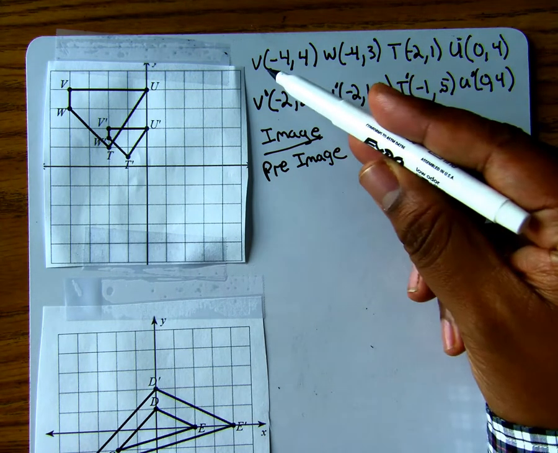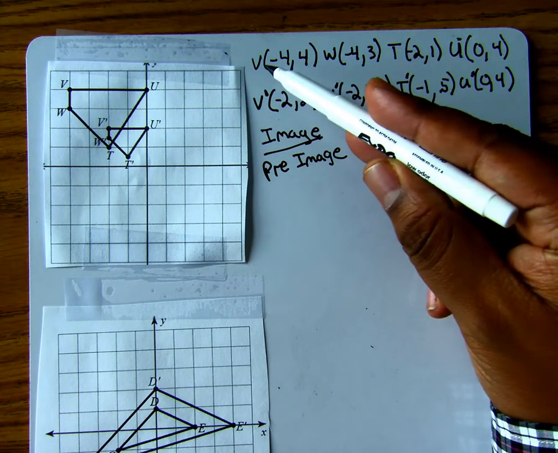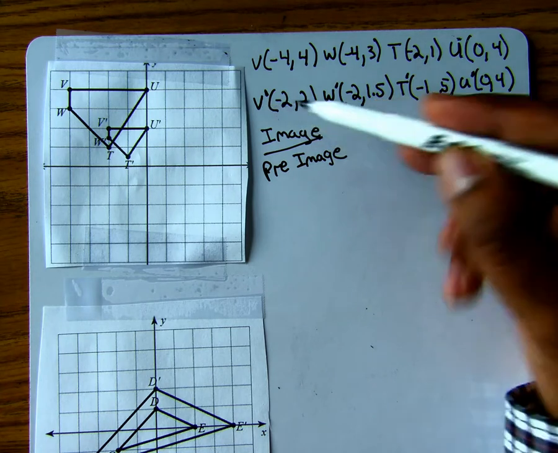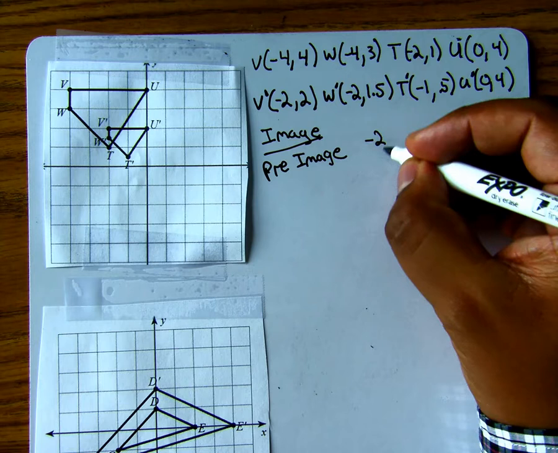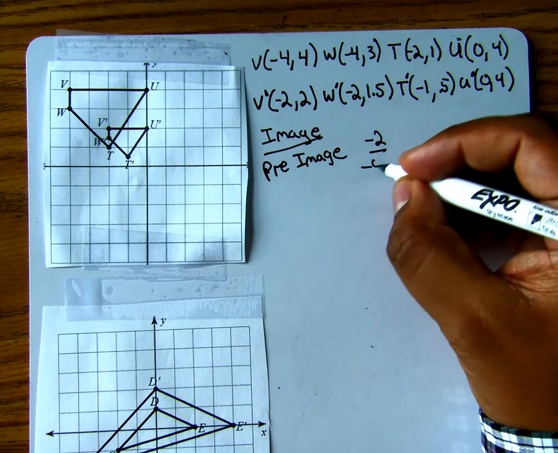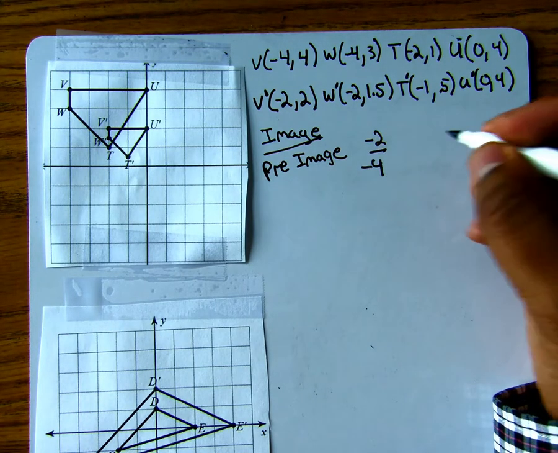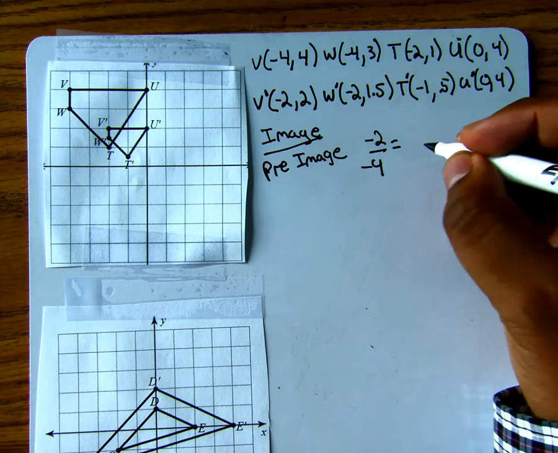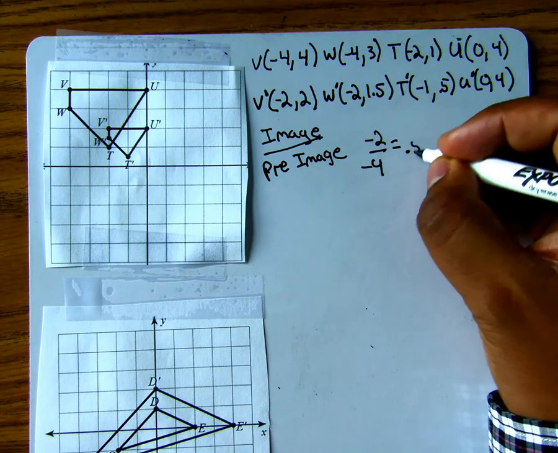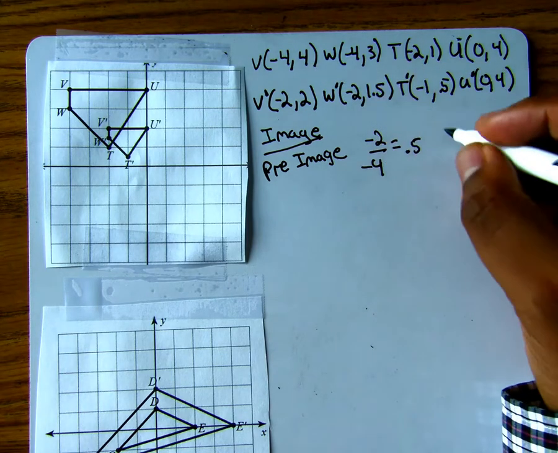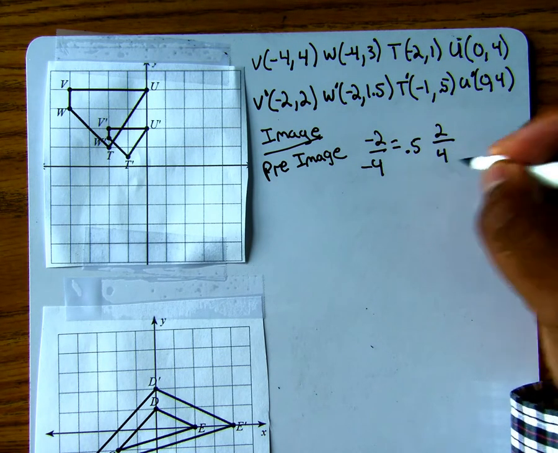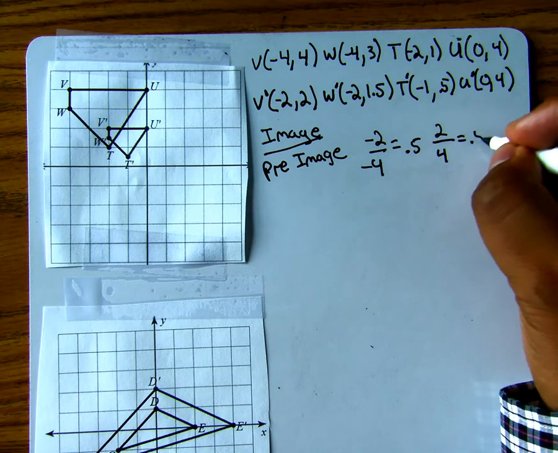We're going to start with our V, the V for our pre-image and the V for our image, and we're going to make sure we put the image on top. So we're going to have -2 divided by -4, and that's going to be 0.5. If we still stay with the V, but look at the Y coordinate, we'll have +2 divided by 4. That's 0.5.